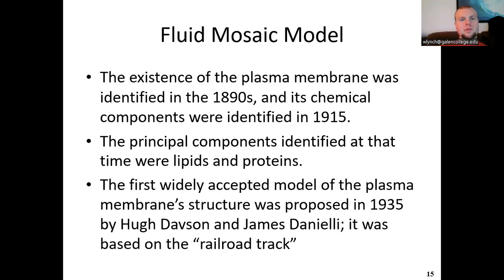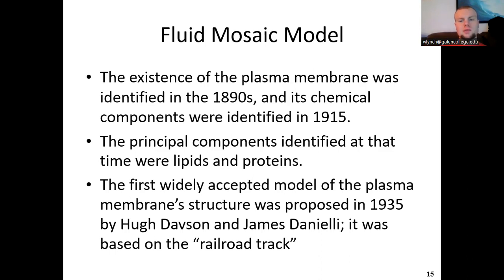So when we see the cell membrane, we term the cell membrane as a fluid mosaic. The fluid mosaic model was proposed over 100 years ago as what the potential structure of the cell membrane looked like. It was first described about 1915, and not until about 1970 did we have a good representation of this.